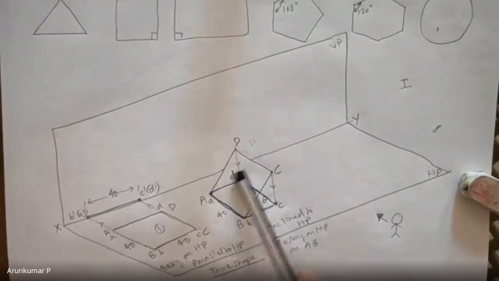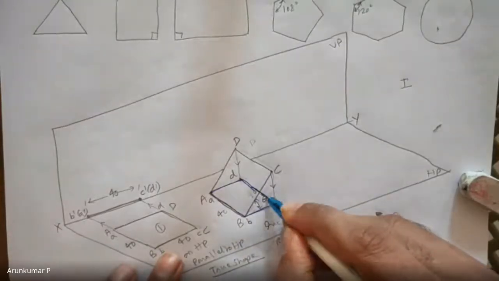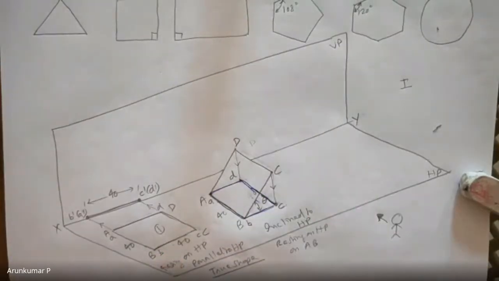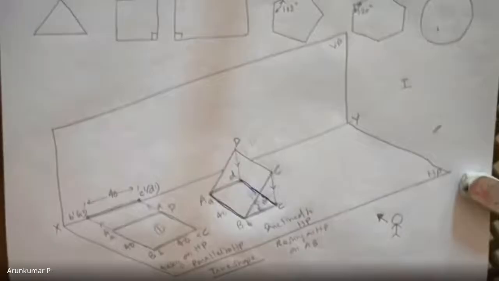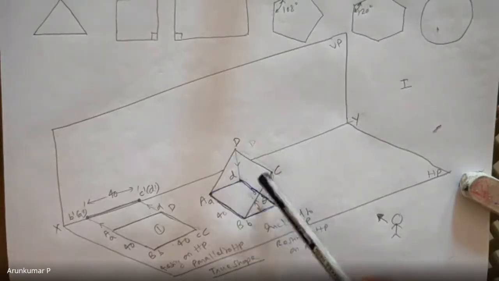Is it this top view which I've drawn with blue ink? Is it still a square or has it become a rectangle? Rectangle. Yes. Now if you observe in the top view, this square has become a rectangle.